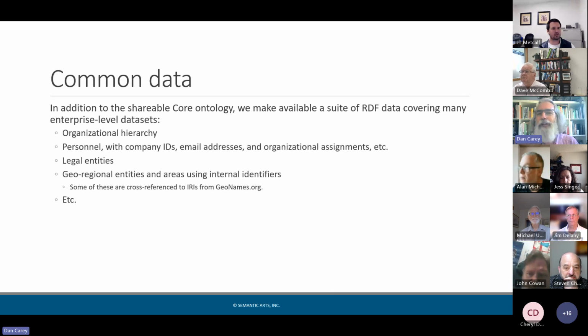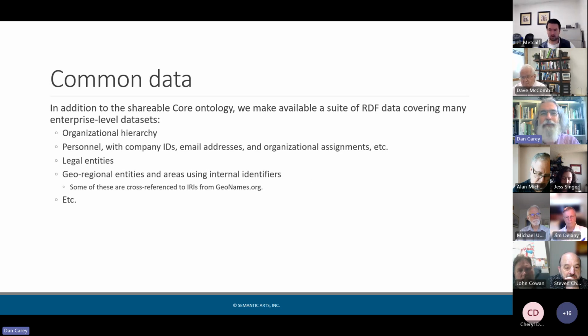We have brought in data from geonames.org, and we've cross-referenced the internal IRIs, at least with countries and the immediate level below a country, state, province, what have you, to the GeoNames data. So you can have some really nice links out to nice graphical geo stuff that's available through GeoNames.